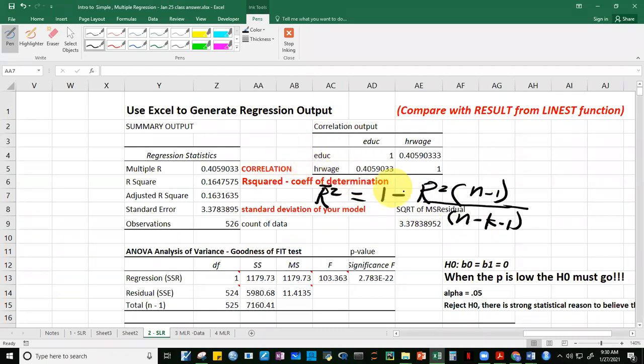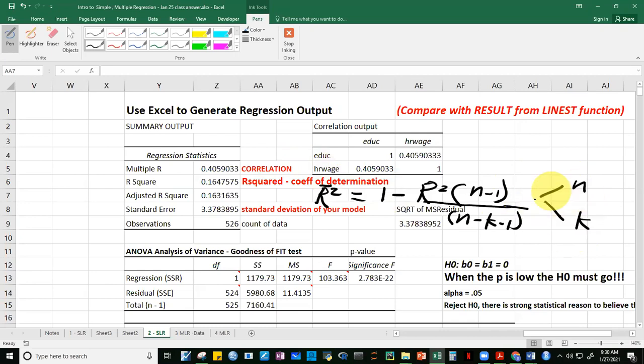No? Okay, itong factor na to, N minus 1 over N minus K minus 1. Take note, kapag yung K dito yung number of regressors natin, number of explanatory variables. So your adjusted R squared is dependent on 2 things, no? Yung N, yung size natin, at saka yung K. Okay?